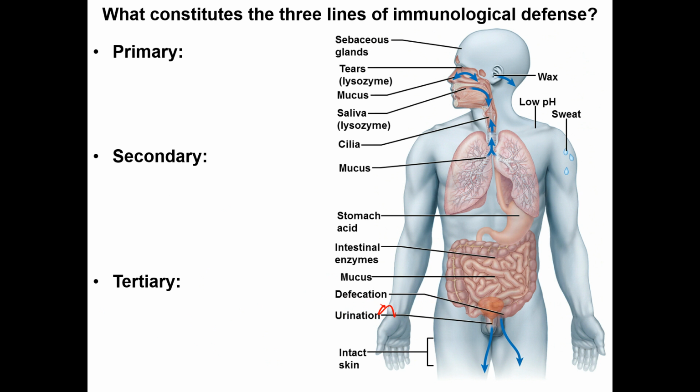Now we're going to talk about each of these things independently, in terms of primary, secondary, tertiary barriers, but it's important that you come to realize the interconnectedness of these three lines of defense and how they're all interrelated.